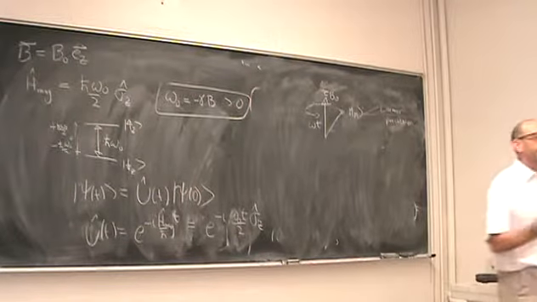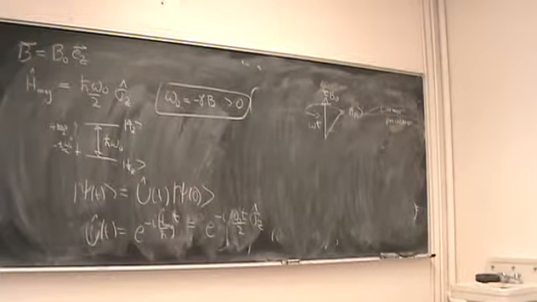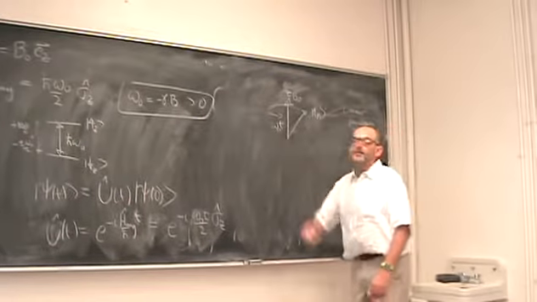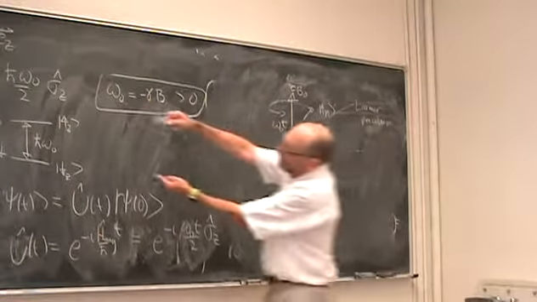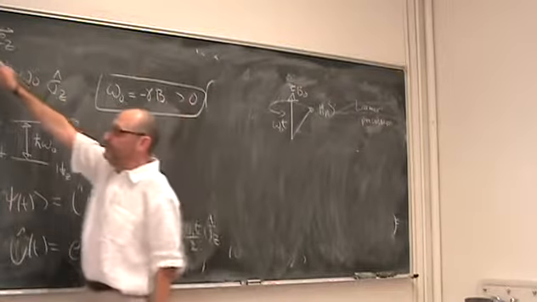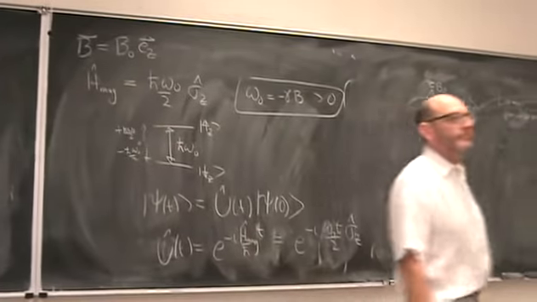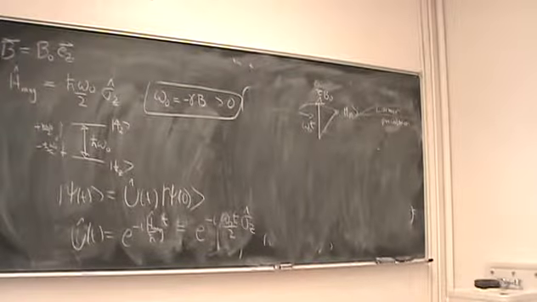Okay, so the spin precesses around the z-axis by the angle omega naught t, where omega naught is this splitting that's set by the field. All right, so it precesses.